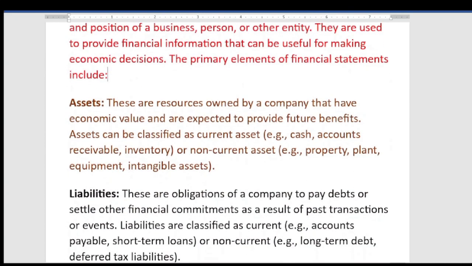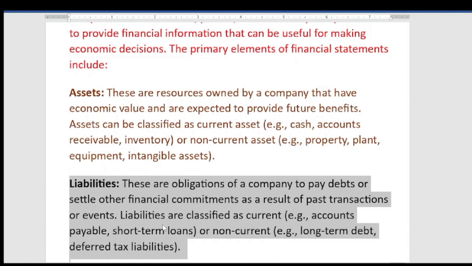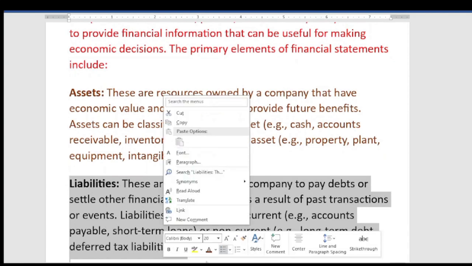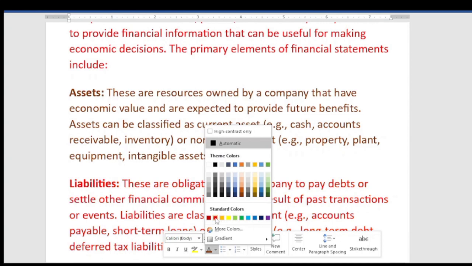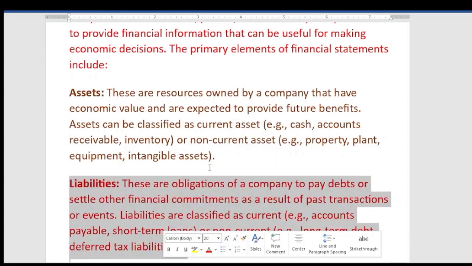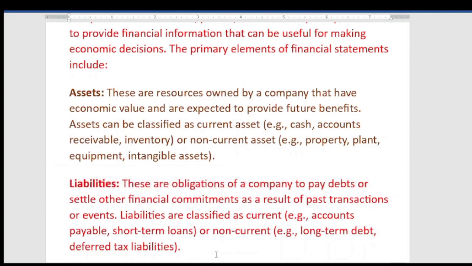We have liability. Liability is another element of financial statement. These are obligations of a company to pay debt or settle other financial commitments as a result of past transactions or events.